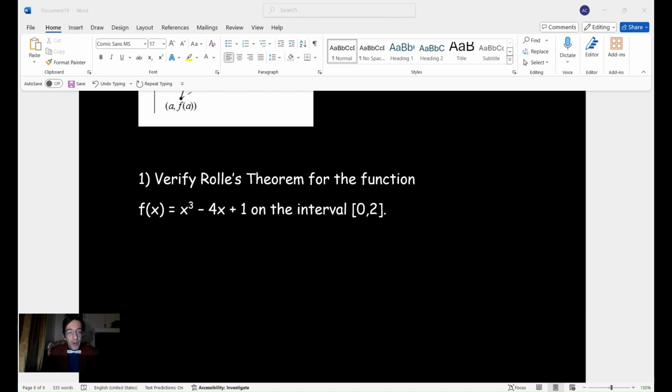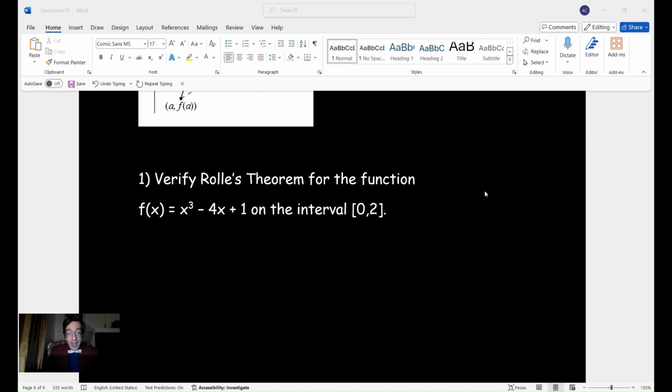The function is x cubed minus 4x plus 1. Well, it's a polynomial. So that means that it is continuous and differentiable everywhere. So f of x satisfies the first two conditions for Rolle's theorem. And now we have to compute the endpoints, right?